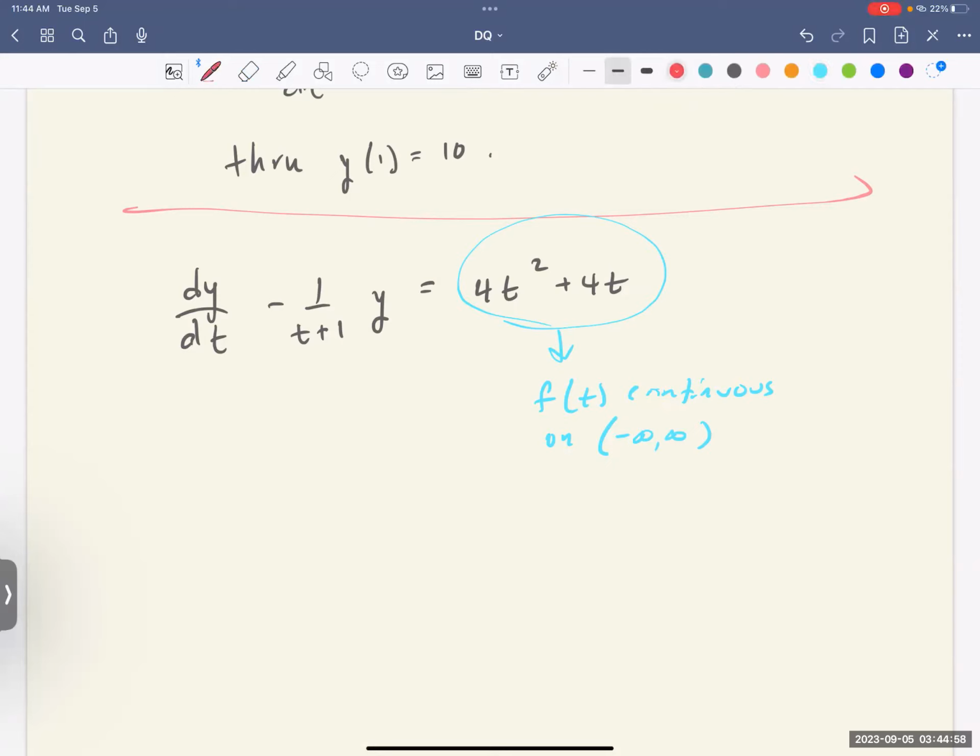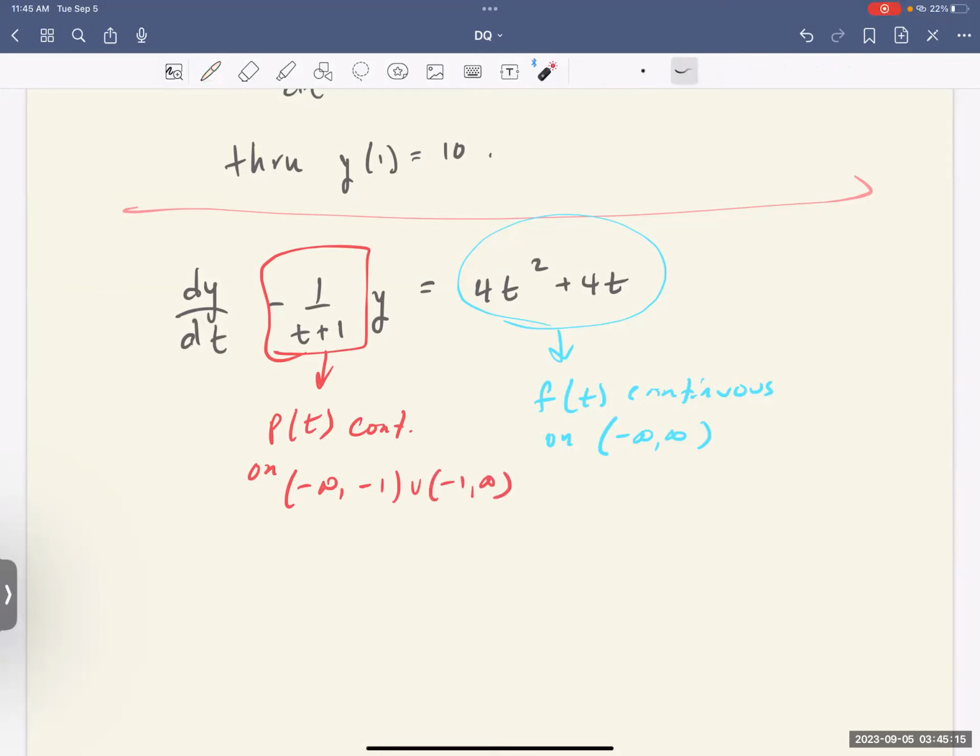Then this one, p of t though, is continuous on negative infinity to negative 1, and on negative 1 to infinity. So our interval I, we need to pick either this or this one for a non-union interval.